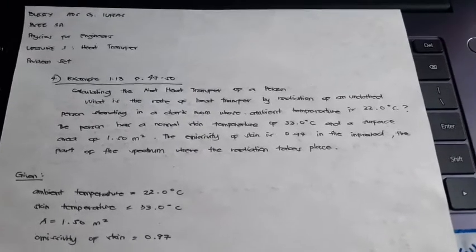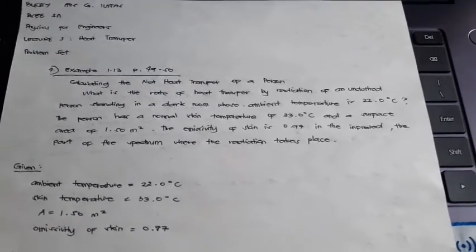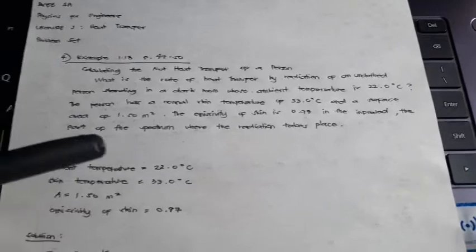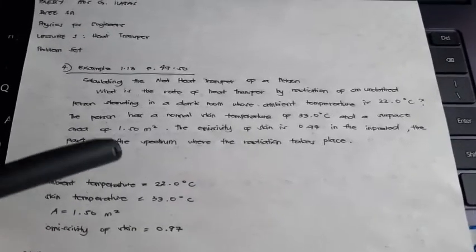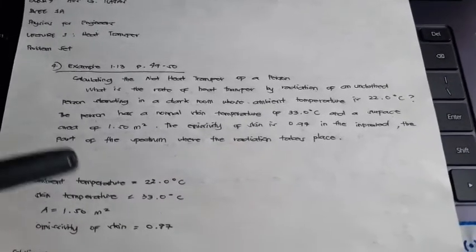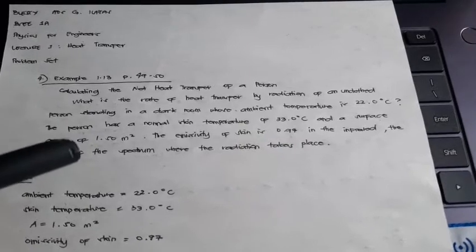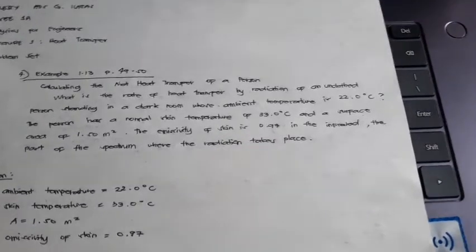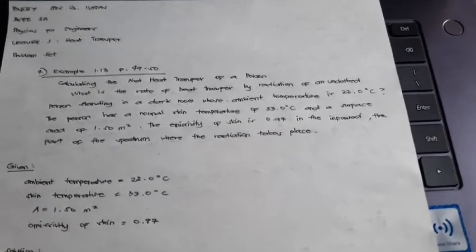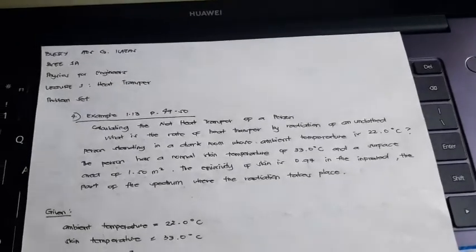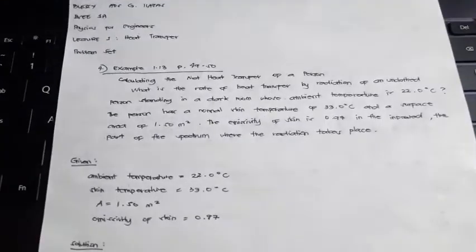The person has a normal skin temperature of 33.0 degrees Celsius and a surface area of 1.50 meters squared. The emissivity of skin is 0.97 in the infrared, the part of the spectrum where the radiation takes place.